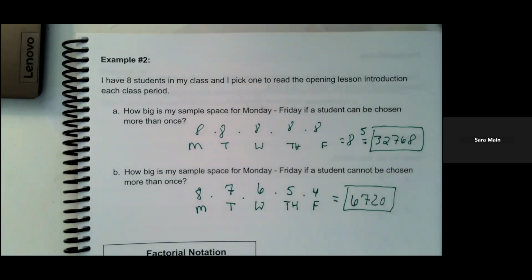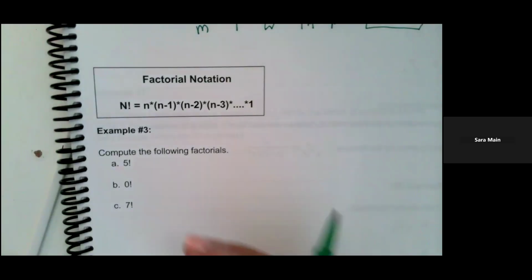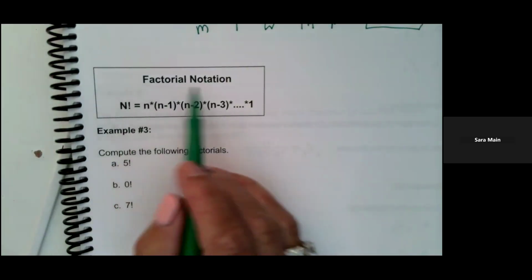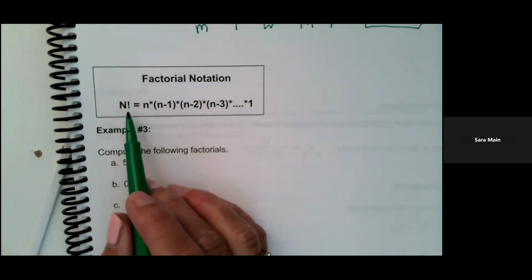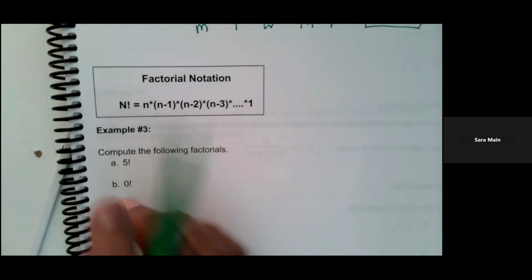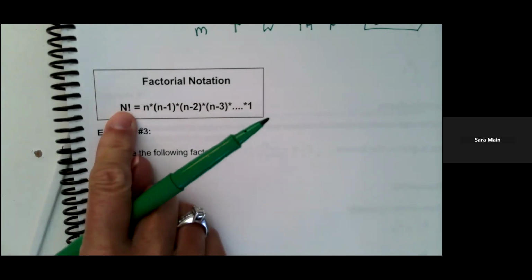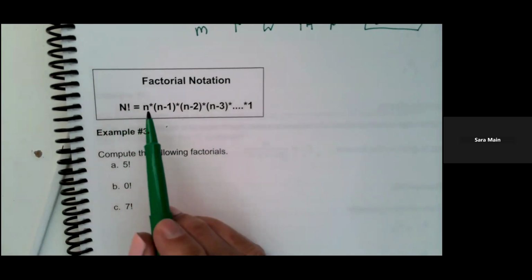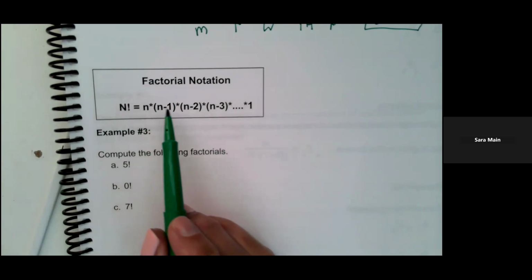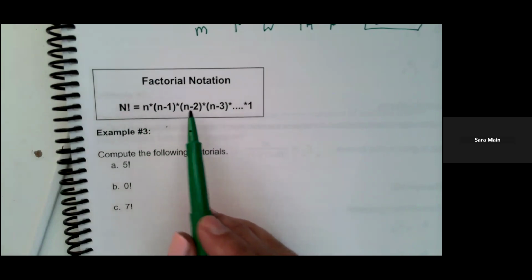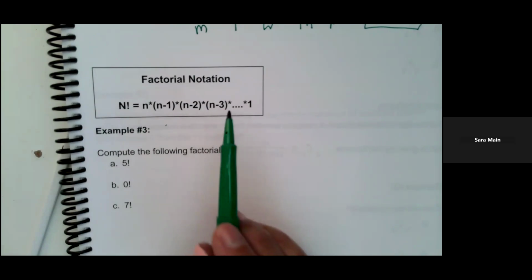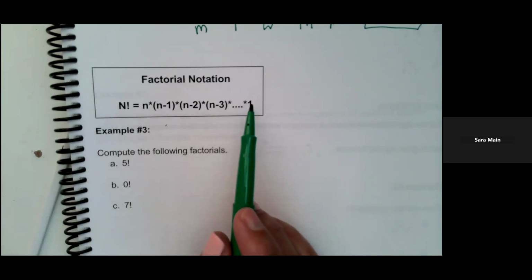So in probability and in some of our calculations, we're going to use something called the factorial notation. Factorial notation is where you use an exclamation mark. And the exclamation mark means that we're taking the n, whatever that number is, and we're going to multiply by n times n minus 1 times n minus 2 times n minus 3 until you get down to multiplied by 1.